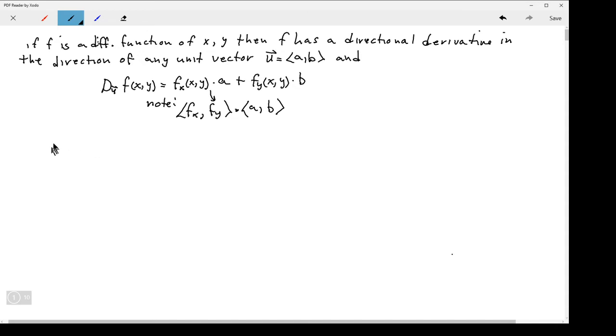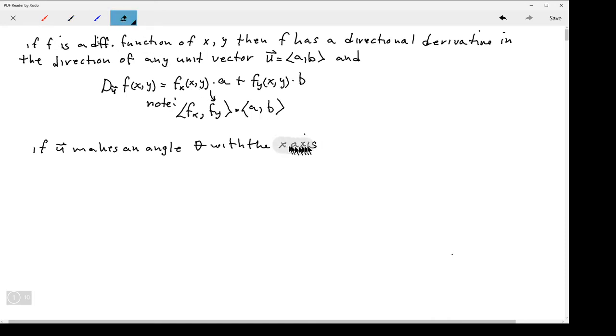So if u makes an angle theta with the x-axis, I should say with the positive x-axis.